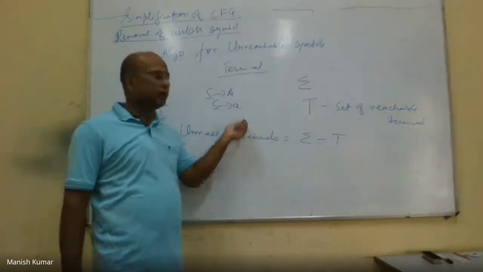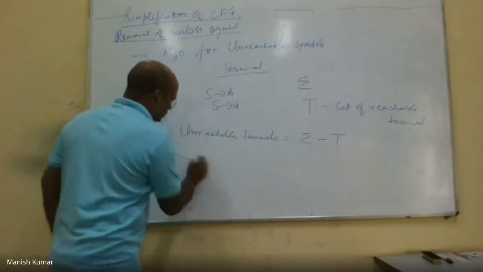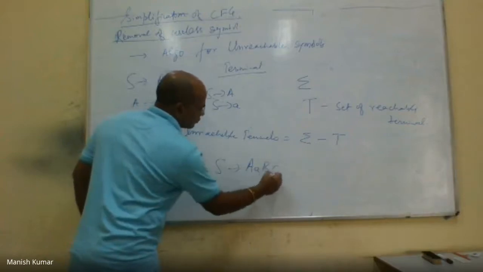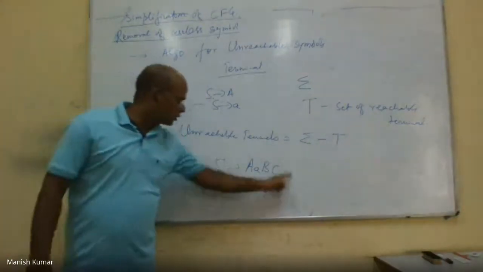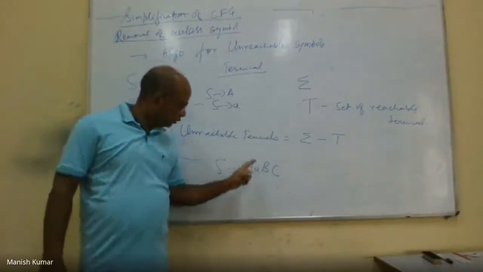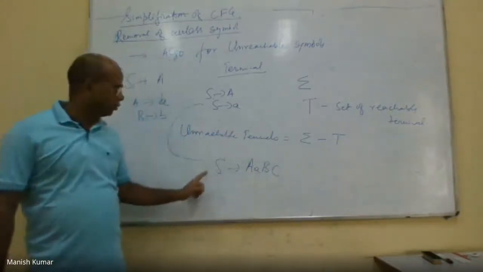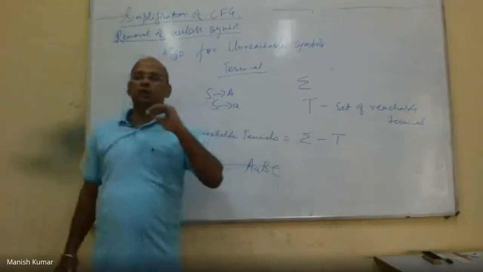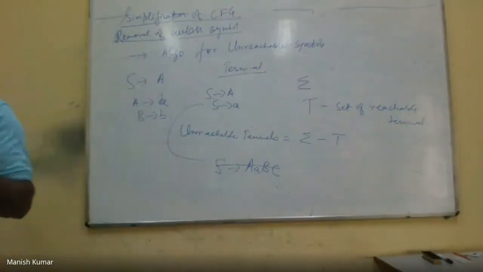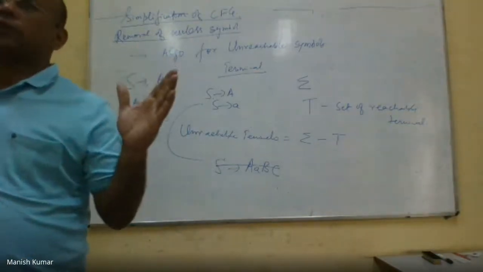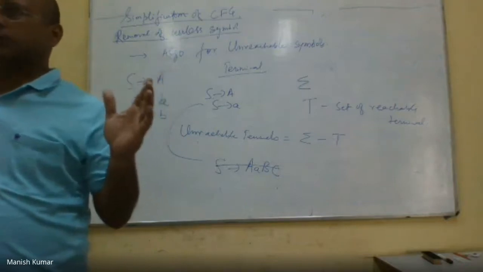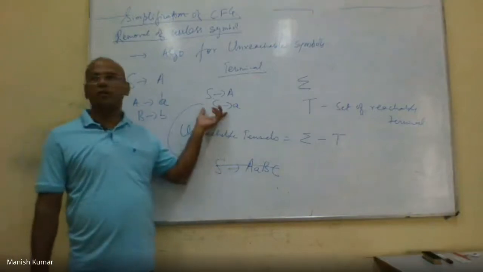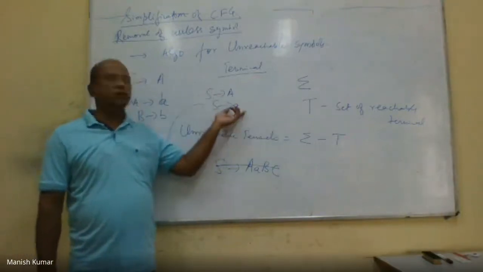What I am saying about reachability is that if S is generating something like A, B, C, then all four symbols, whether terminal or non-terminal, are reachable from S. So reachability means you generate intermediate expressions where terminals and non-terminals are involved and can be reached through S. Not necessarily do you converge to a single terminal or non-terminal.